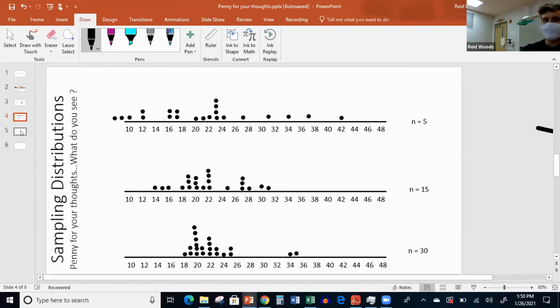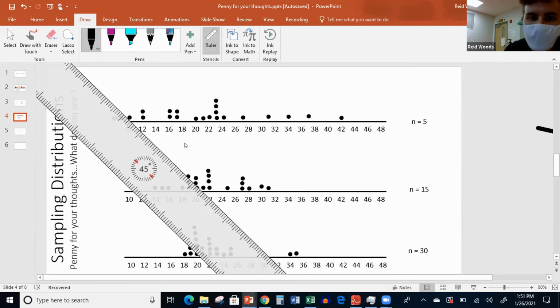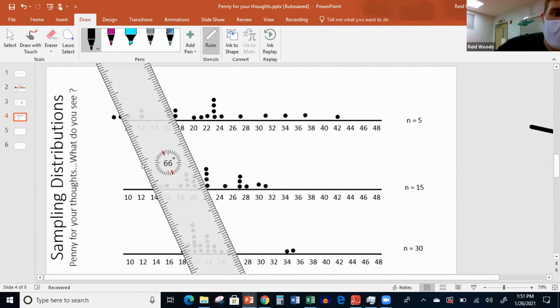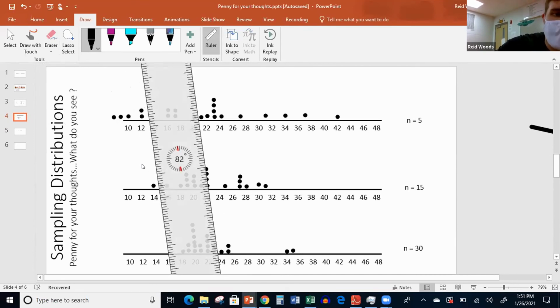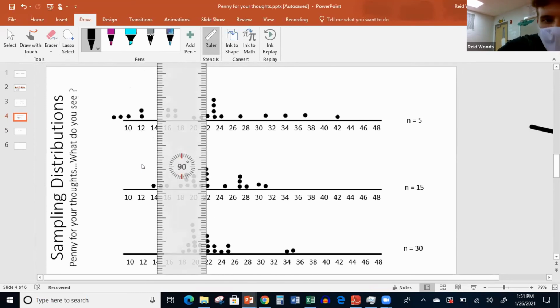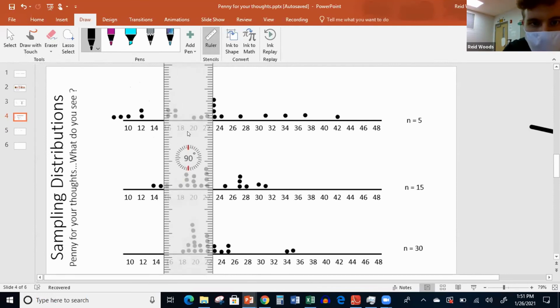All right. So we'll go back to this and we're going to draw some lines on our graph here. I'm going to pull up this ruler and we're going to draw some vertical lines. Now we said that the mean of this first one was about 23.